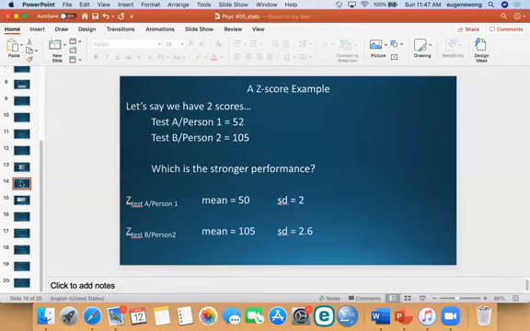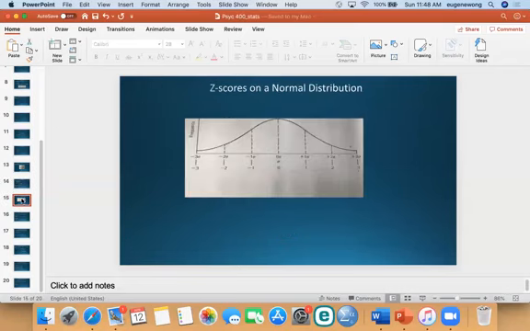So if you use these numbers and calculate the z-score for test A or person 1, calculate the z-score for test B or person 2, you can now locate where each of those z-scores falls. And you will then know which score is higher or lower relative to the other. Okay, so go ahead and do that before you go on to the next slide.